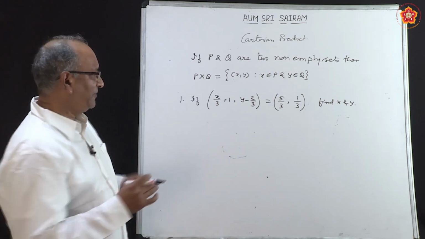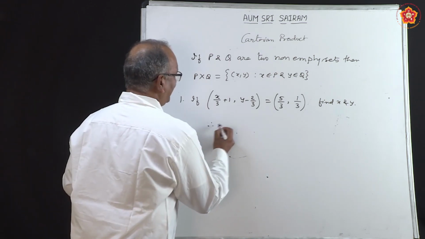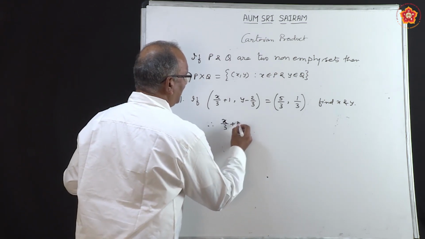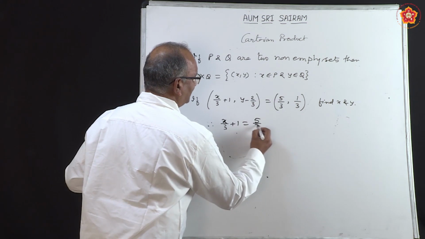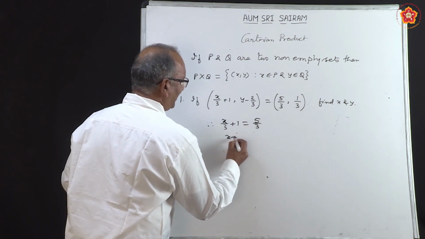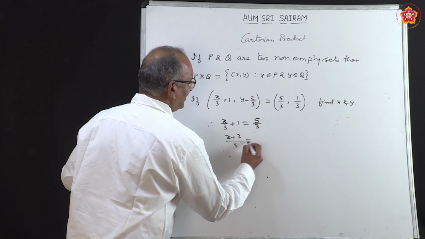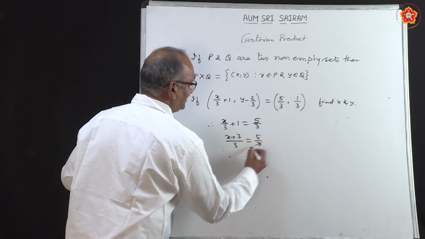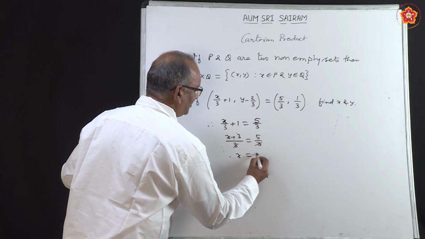So you can equate. So we can say that x by 3 plus 1 equal to 5 by 3. Simplify it, it will be x plus 3 by 3 equal to 5 by 3, cancel 3 and you will get x equal to 2.